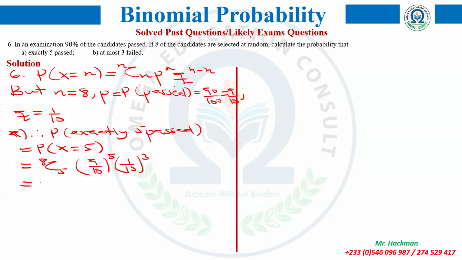Then this will give us into 9 over 10 to the power 5. Nine to the power 5 will give you 59049 over 100,000, five zeros. Then this one we can get easily, 3 zeros. Am I right?